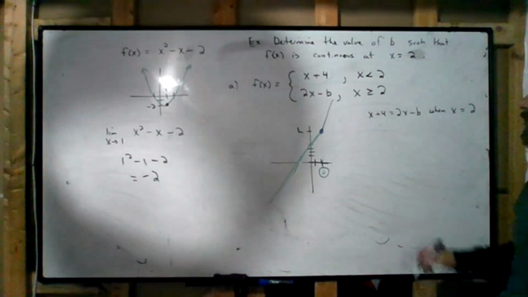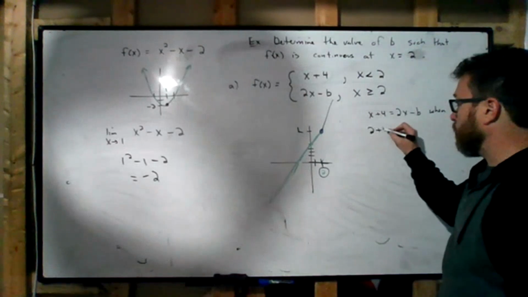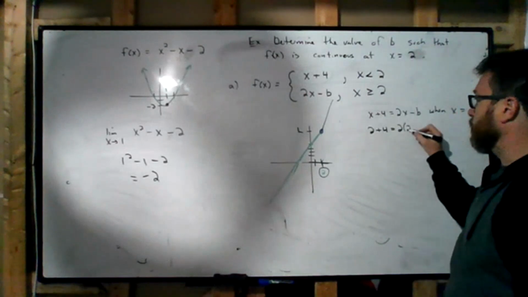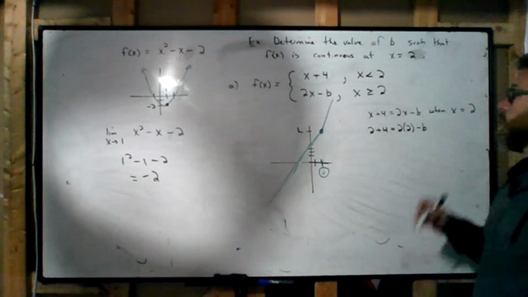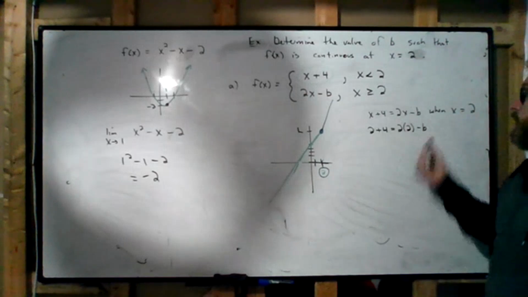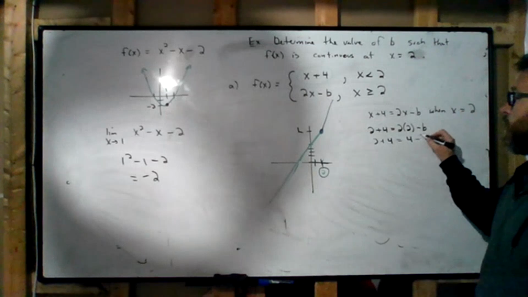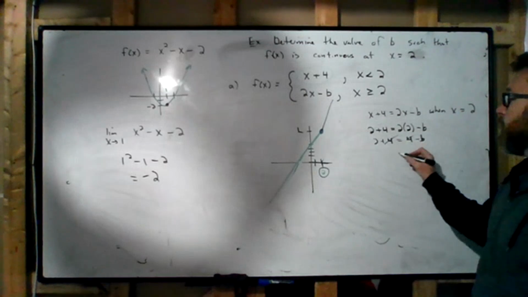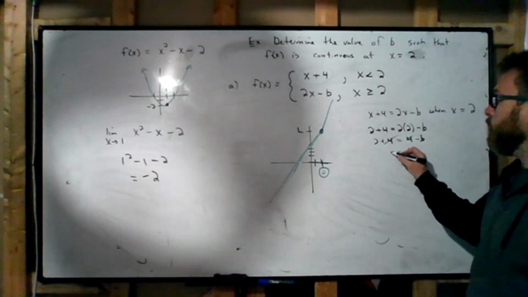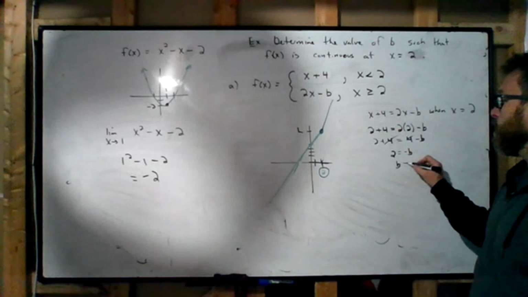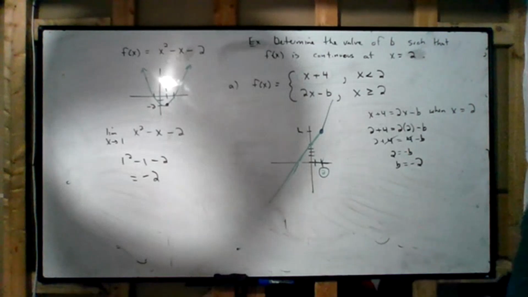So plug it in: 2 plus 4, and 2 times 2 minus b. Make sure these things are equal. Well, 2 plus 4 is 6, which equals 4 minus b, so negative b is equal to 2, so that means b is equal to negative 2.